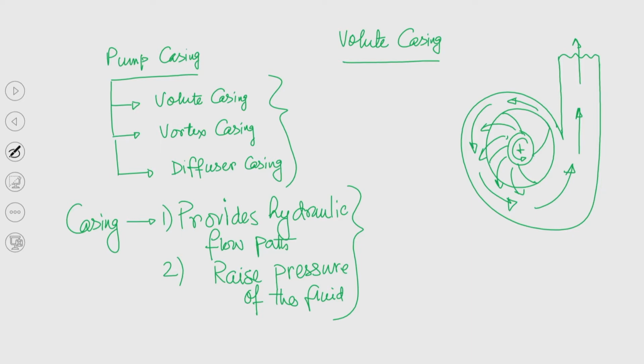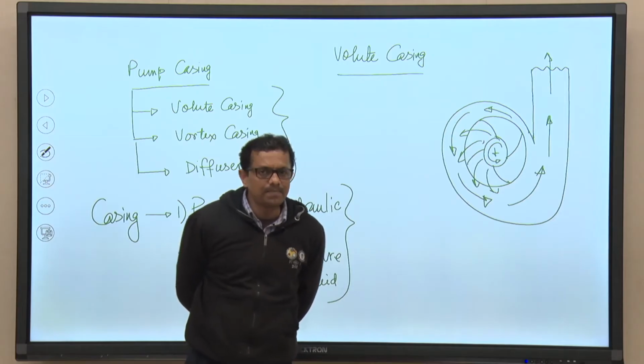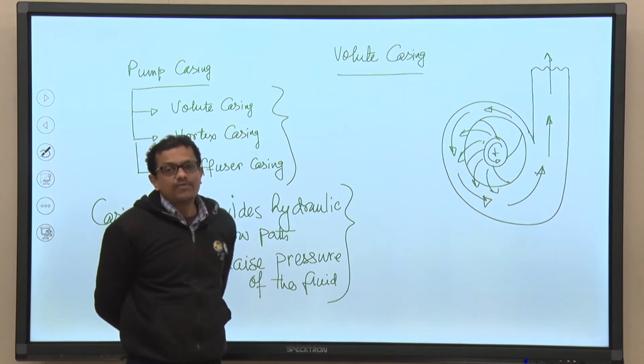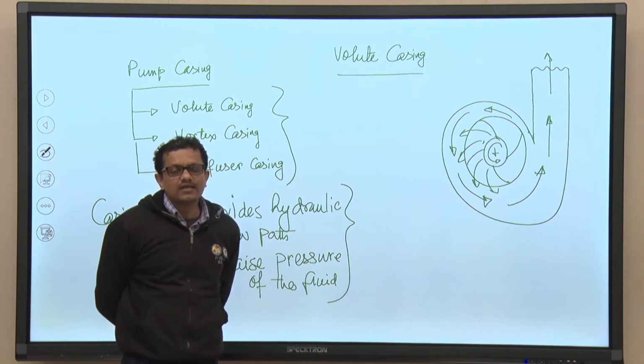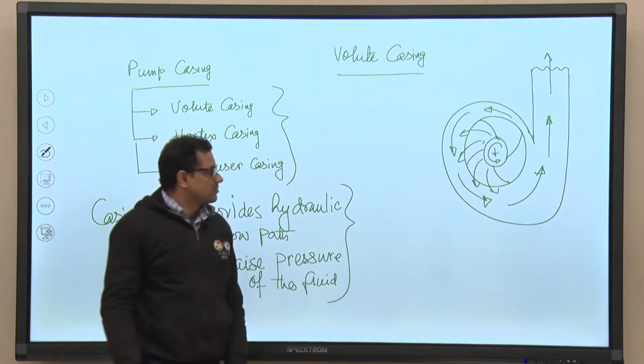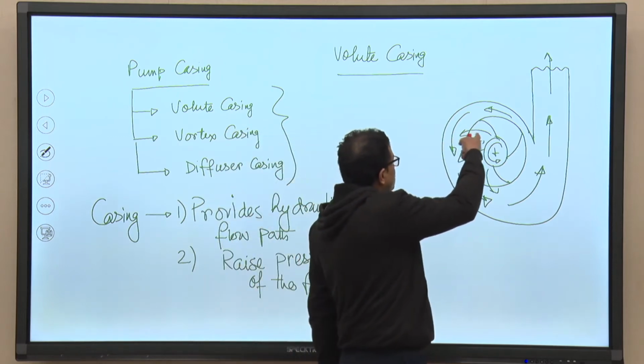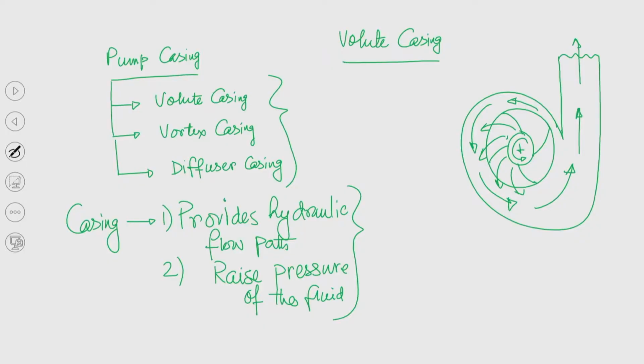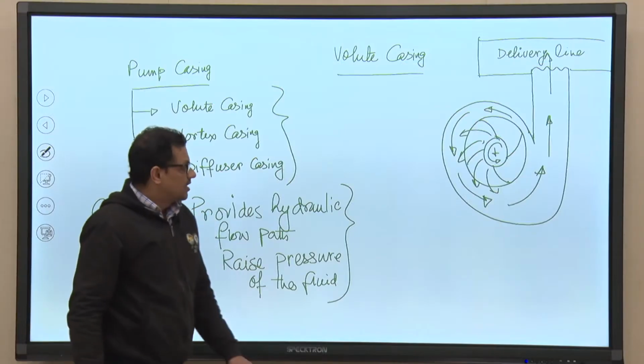So, this is what is volute casing. In fact, we have briefly touched upon this part in the last lecture. So, what is the meaning of volute? Volute is basically a spiral or scroll shape form, which is connected to the delivery pipe. So, if it is delivery pipe, so this is delivery line. Okay. So, this is a volute casing.